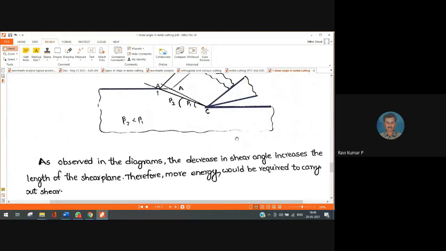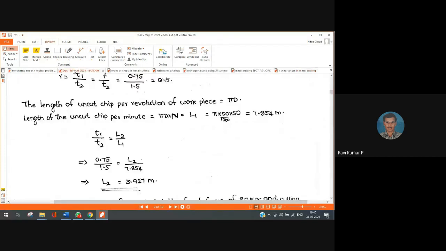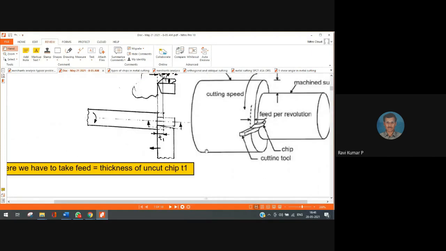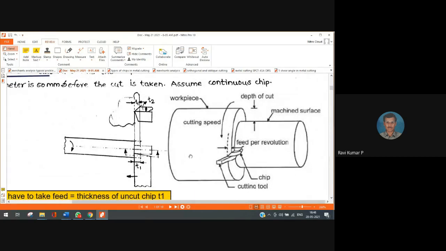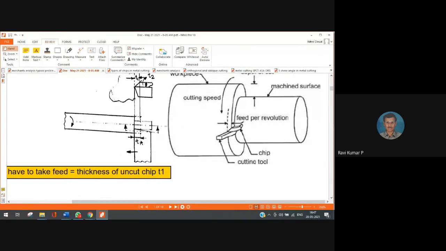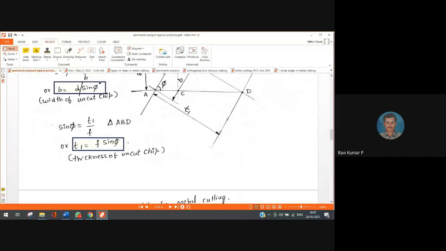I think I have to go to a different page. Look here. See how the chip comes, comes like this and bends and goes to the side, right? So this is nothing but my feed. When I rotate like this, the material comes back here again. If I look sideways, what I'm going to get is depth of cut in one direction and in another direction it is feed. So these two directly affect our numerical values.